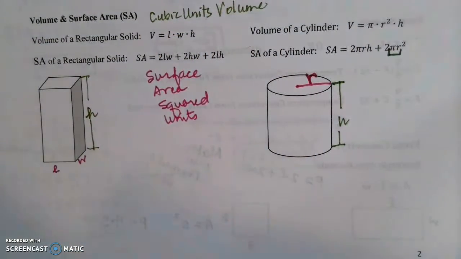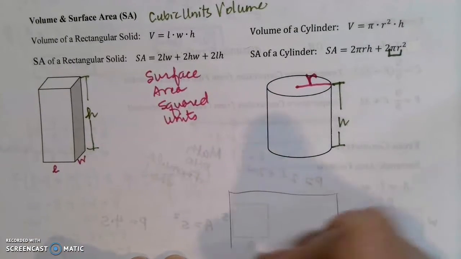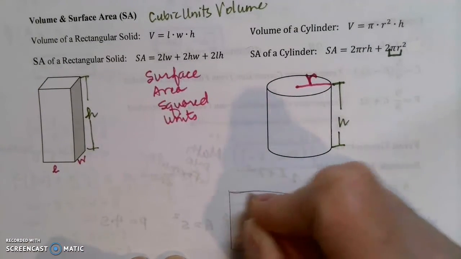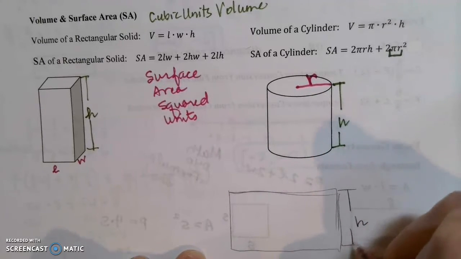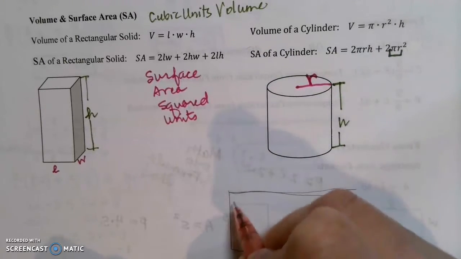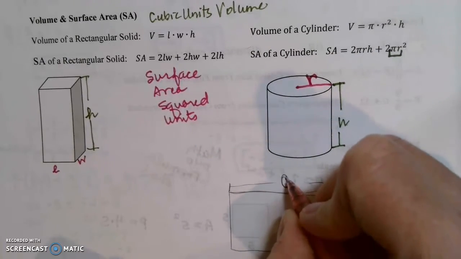The reason that we do not have that is because if we unfolded this, basically what we're looking at is a rectangle that has that height of h. And then this distance along here will be the circumference of the circle.